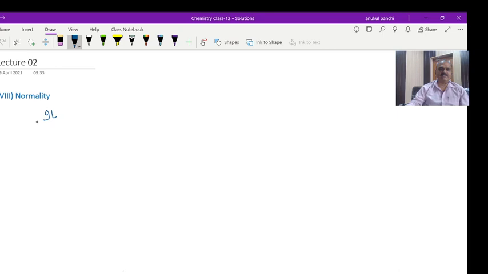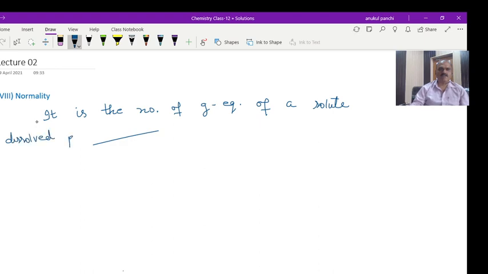First of all, let us define what normality is. It is the number of gram equivalents of a solute dissolved per liter of solution.